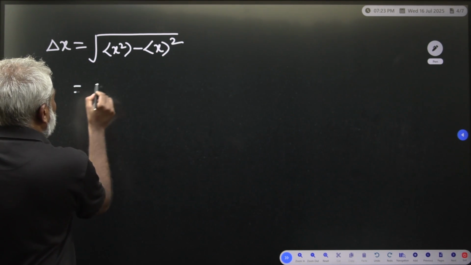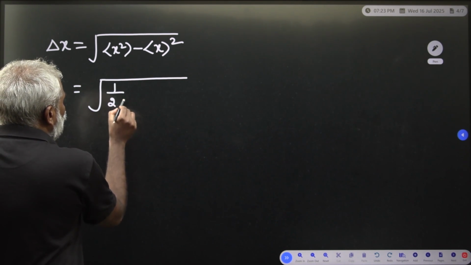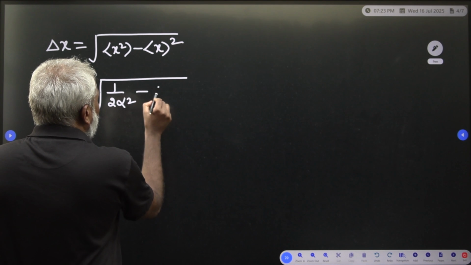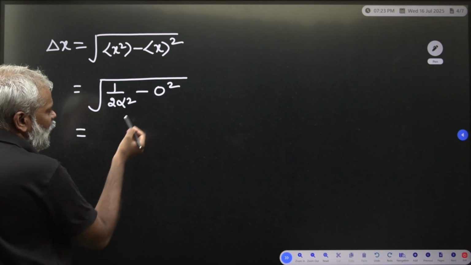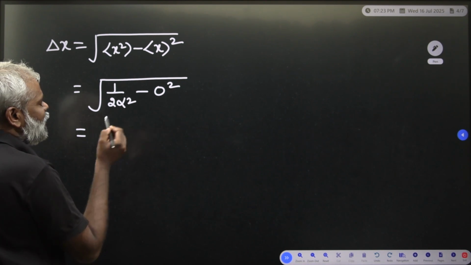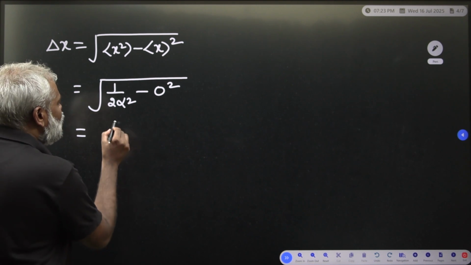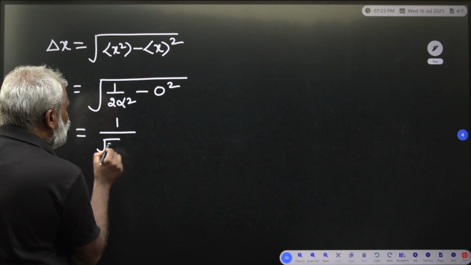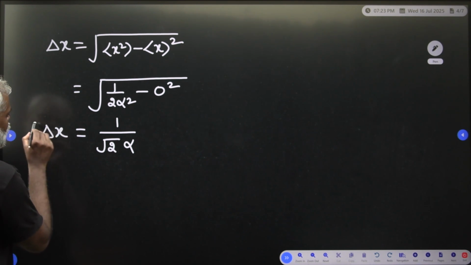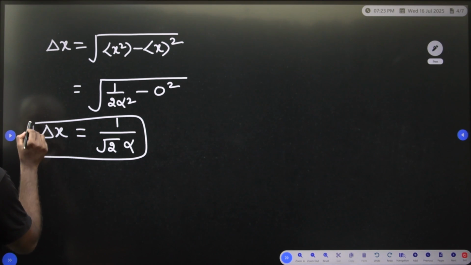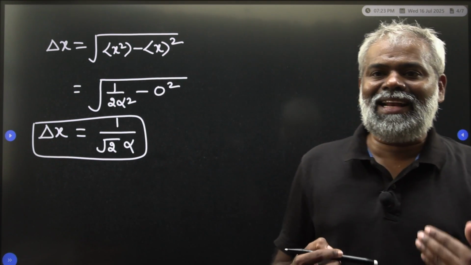Mean x square, already calculated, is 1 by 2 alpha square, minus 0 square, which is 0. So we get 1 by root 2 into alpha. This is the uncertainty in position.